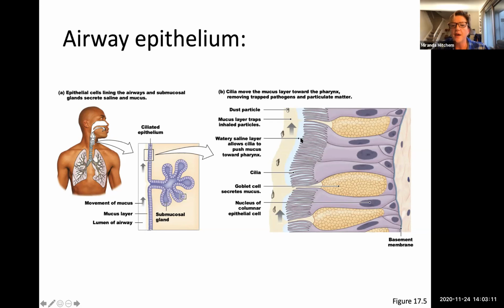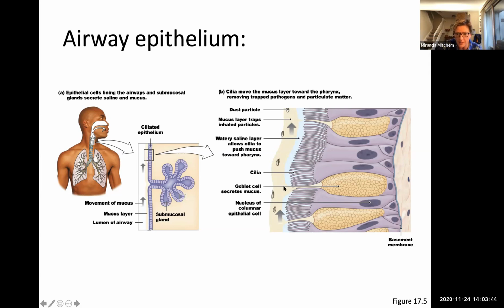There's my mouse back, at the cilia. So the cilia are able to move in the fluid, the mucus, the saline, as well as with the action of the muscles to keep material moving up and out. So this is how we get dust out, even how we get some infectious materials out of our airways.